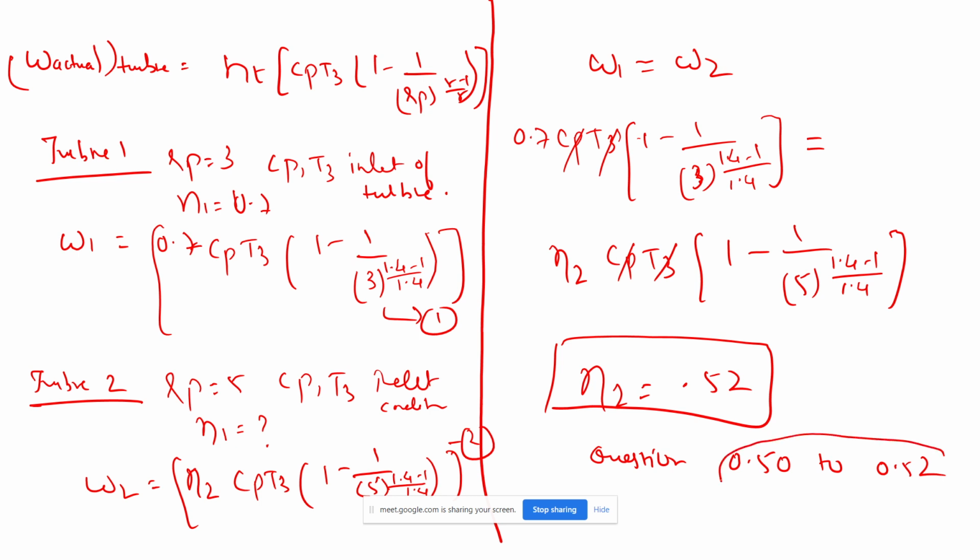So if you fill any value between these two, your answer will be correct. So they generally give a range in the exam. The question came as a filling the blanks type, and they asked to write the value up to the second decimal place. So 0.52 is correct.